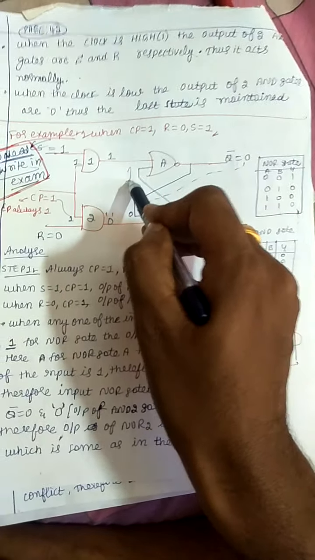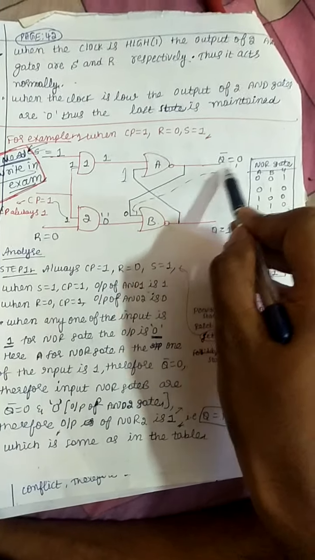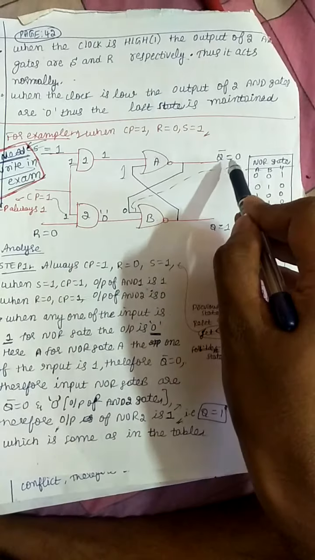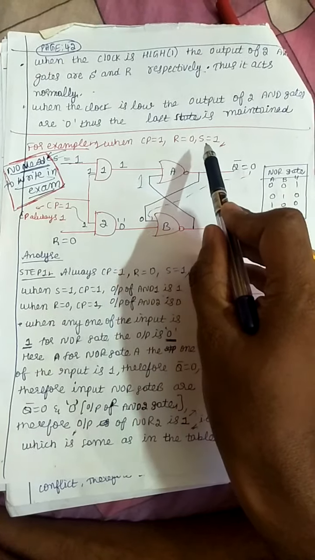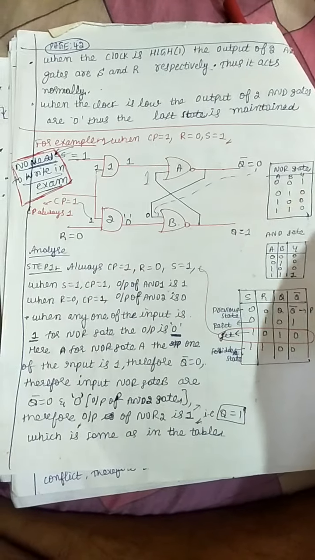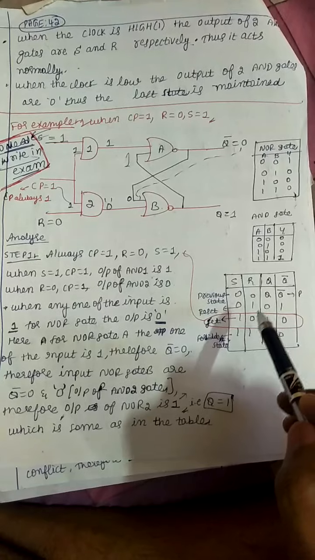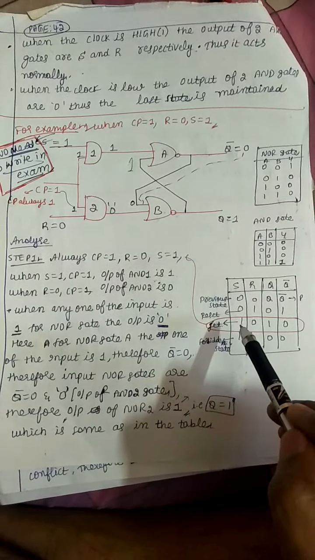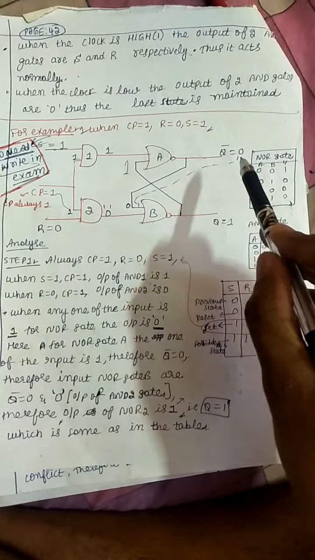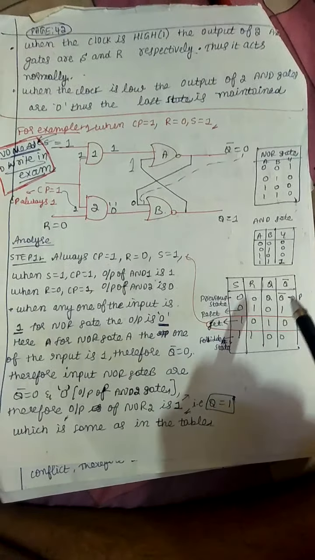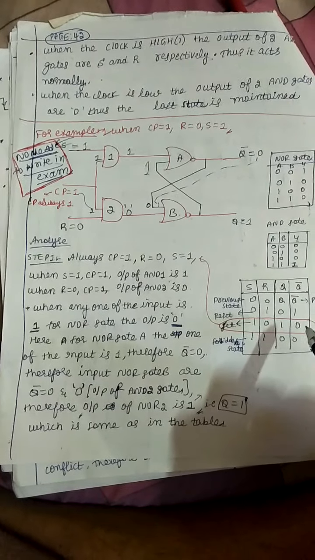If both are 1, 1, then the output is 0. Previously I had 0 here. So if R is equal to 0 and S is equal to 1, then Q is equal to 1, Q bar is equal to 0. Is it clear?